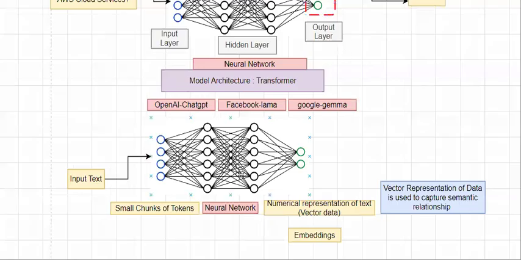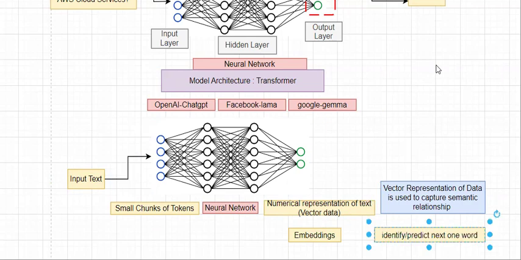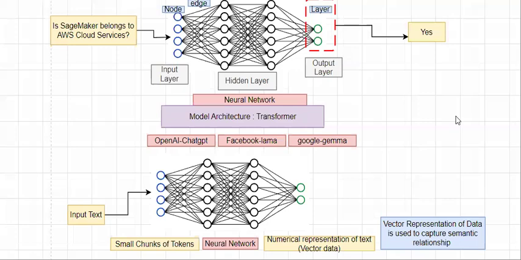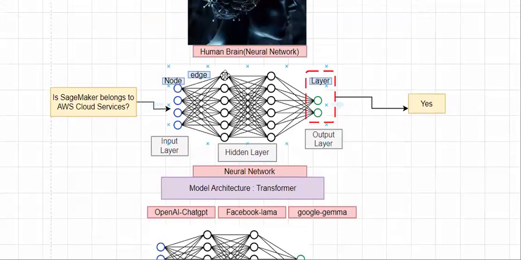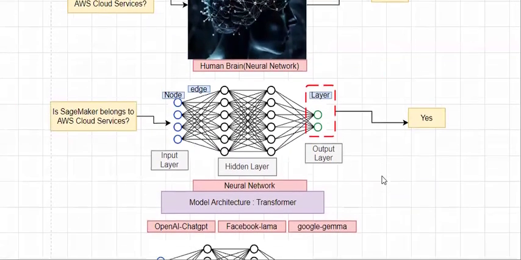Okay. Now the inputted text data is taken and converted into small chunks of tokens. By using the neural network, we got the embeddings. Then based on the embeddings, the next upcoming word is predicted by using the neural network, using our model and its brain, or whatever knowledge we trained our model with.